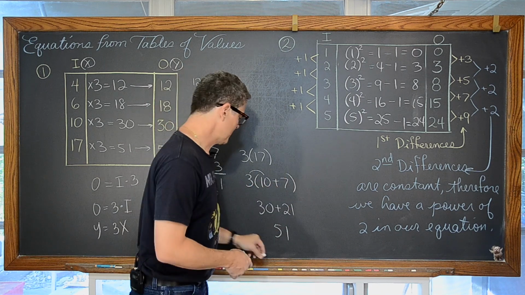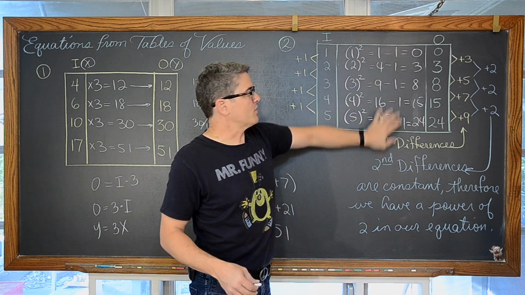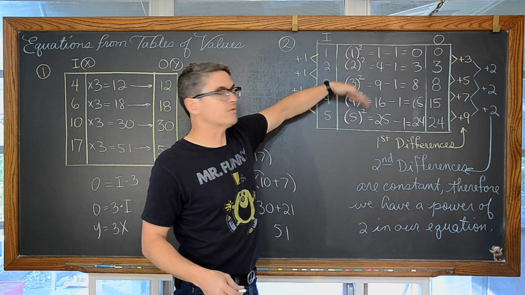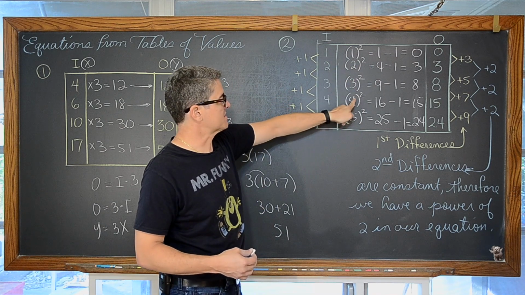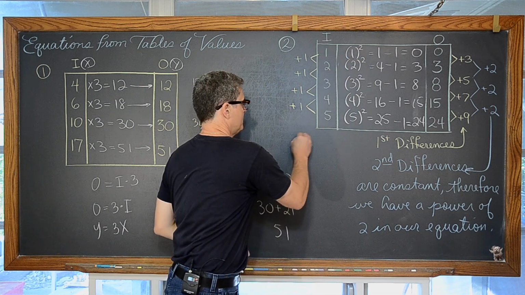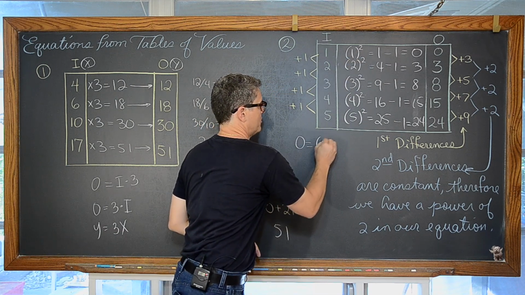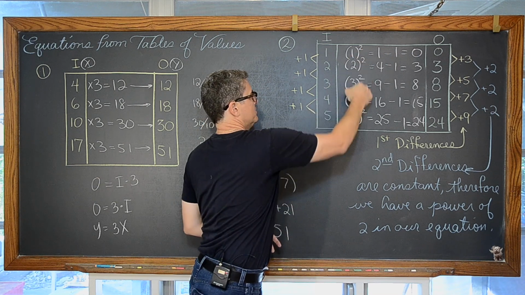What's the equation? Well, the equation comes from that repeated process that you're going through with the arithmetic. Every single one of these lines has the input value squared. So the output is equal to the input, or y equals x to the power of 2, in every single one.